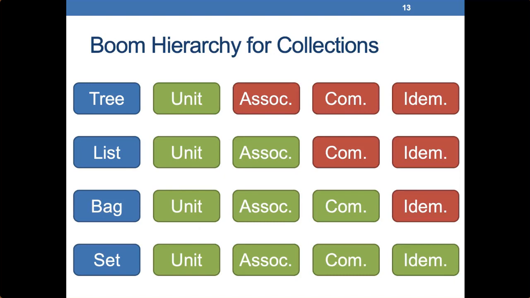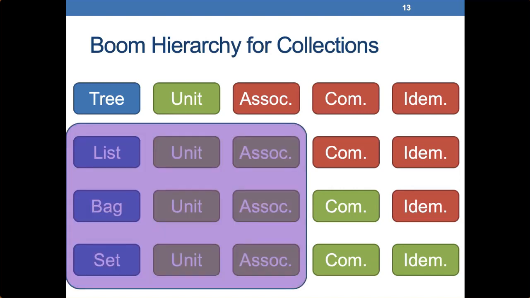For the optimization in this work, we only care about associativity. We only consider the collections list, bag, and set where the associativity feature is satisfied. So what is the mathematical construct that captures the unit property and the associativity? That's the monoid structure.